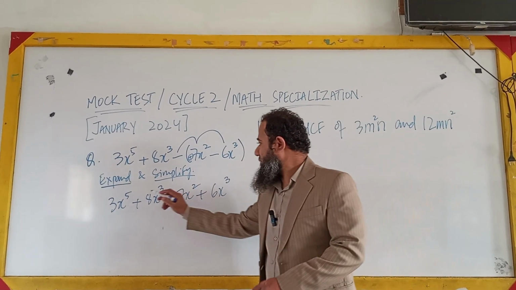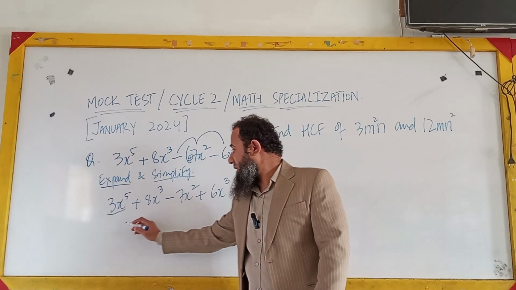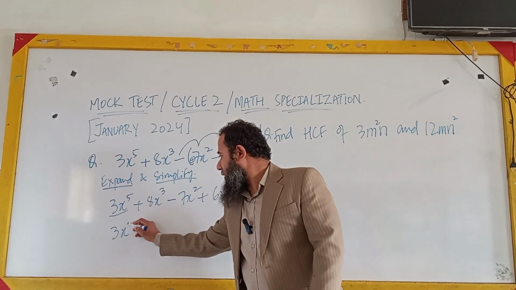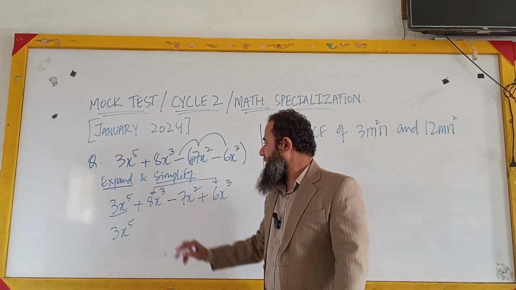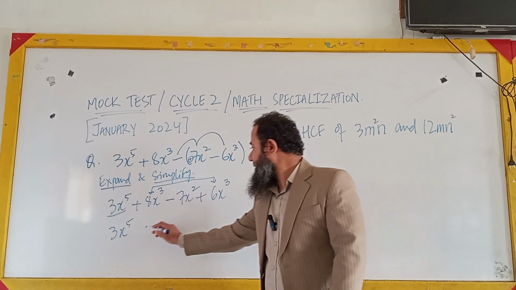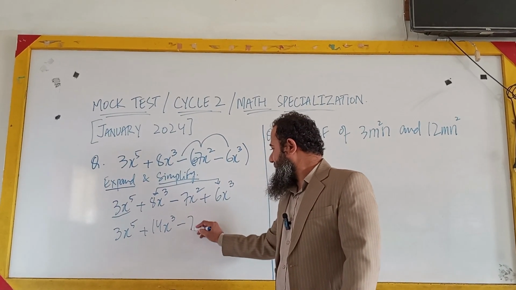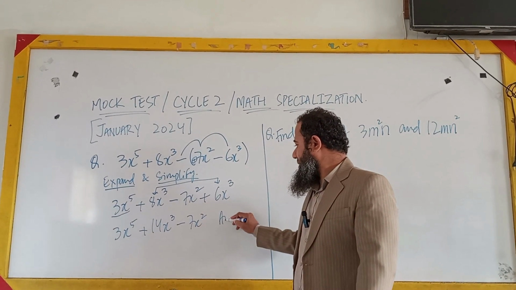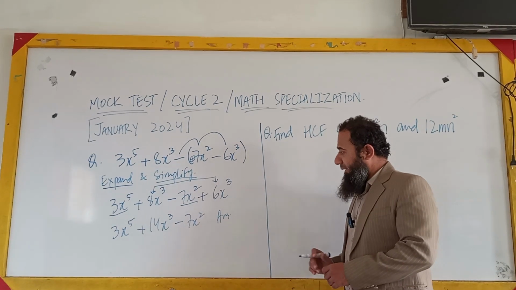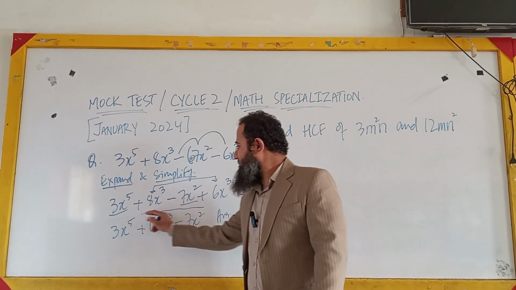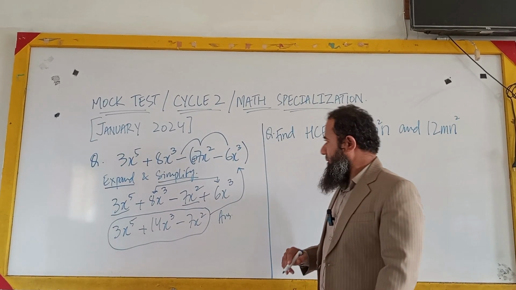This is the single term having x to the power 5, so we copy it down, and we add both of the x cubed terms because they are like terms. So 8 plus 6 gives you 14x cubed, and minus 7x square, because this is a single term, so we copy it down. This is the simplest form of the given expression.